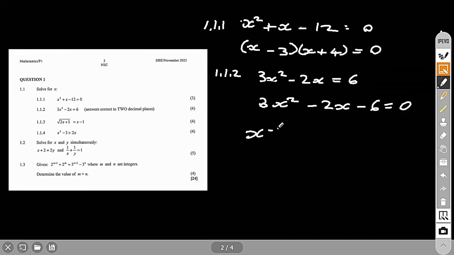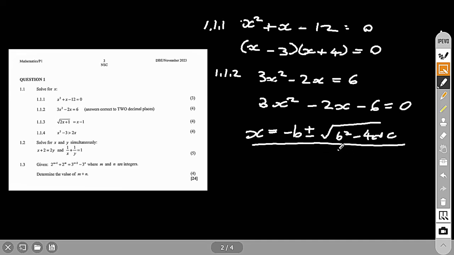So it says x is equal to negative b plus minus the square root of b squared minus 4ac, divided by 2a. So x is equal to negative, what is our b? It's this one, a, b, c. It's negative 2. We always take the number at the side. When you're dealing with the negative, you must always put a bracket.